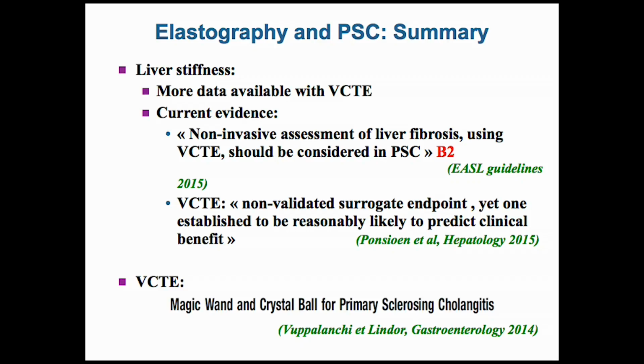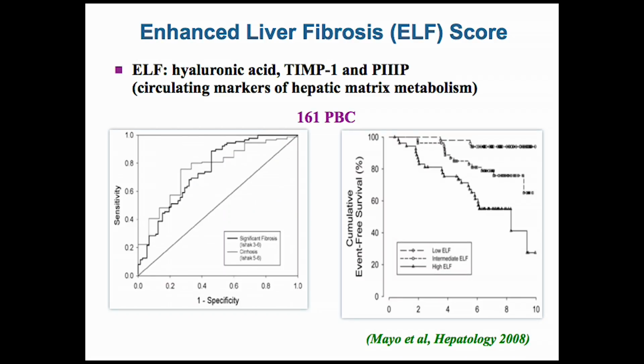And the International PSC Study Group, through a consensus process, stated that FibroScan could be a potential surrogate marker, still not validated. And to mention the title of this editorial, no, I don't think that FibroScan is a magic wand because of its limitations, but I really think that it's a very useful tool.